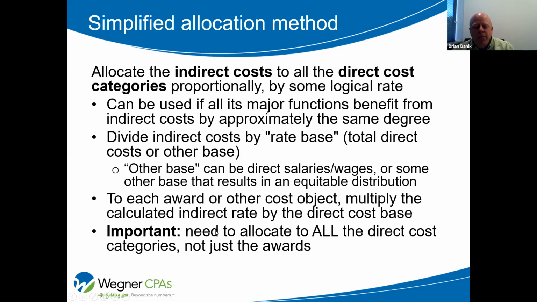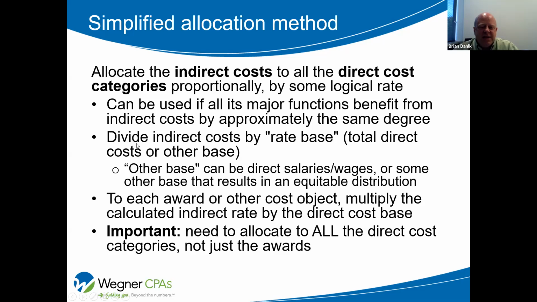The important point, the last point, is that you can't just allocate them to the awards. You have to allocate them to all the direct cost categories. And we'll show an example of that a bit later.